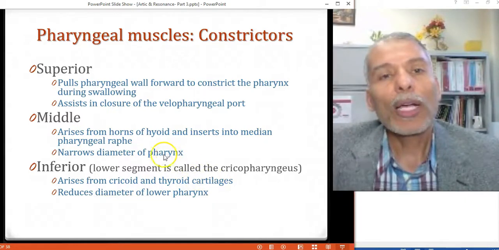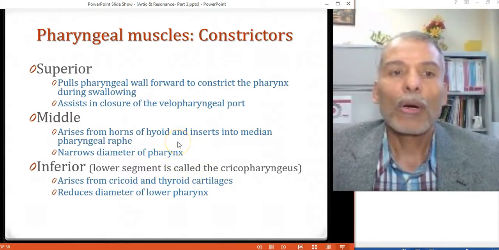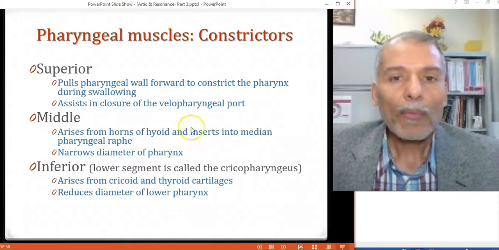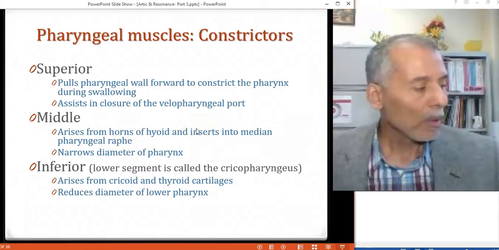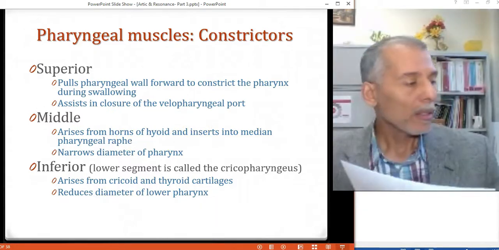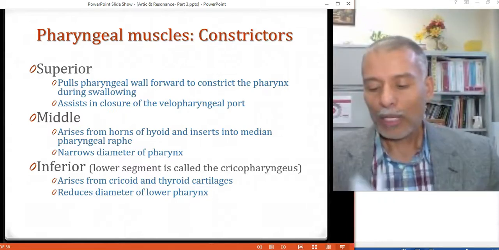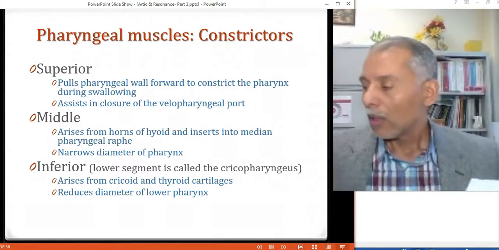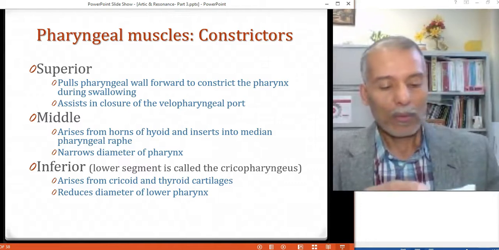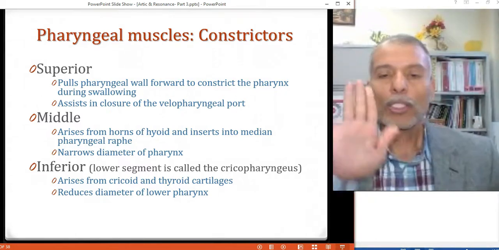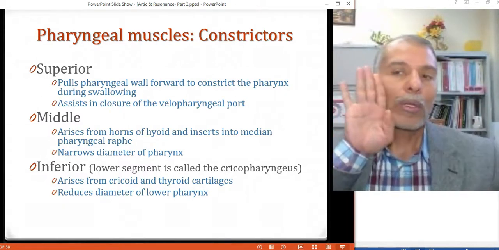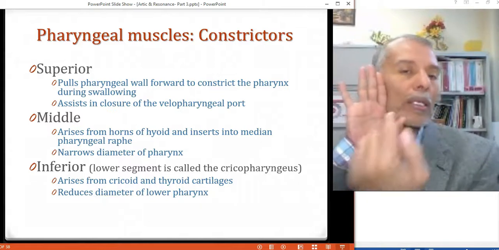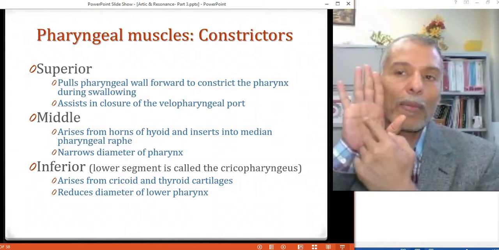Now, let's look at the pharyngeal constrictor muscles. Obviously, the pharynx is made out of a posterior pharyngeal wall that you can see when you look at the back of your throat.